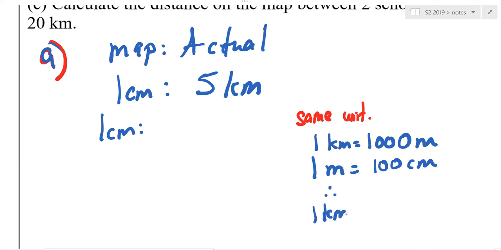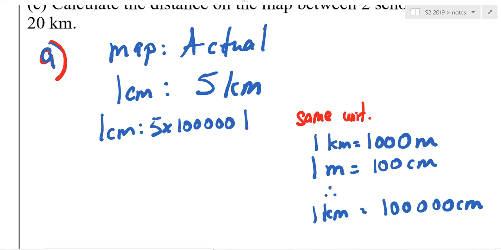Do I have to explain why it is 5 times and not 5 divide? Anyone confused? Do I have to explain why it is multiply, not divide? Okay, so if I write this down, anyone needs me to explain? Is everyone okay with this?